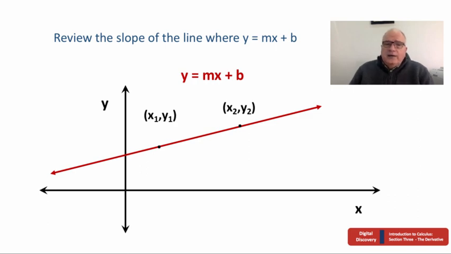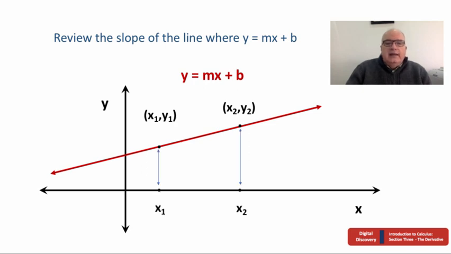Now, in order to develop our methodology, let's go back and work on the slope of a line, just a basic line going through any 2 given points. The line as a function of x is defined by y equals mx plus b, where b is the y-intercept, where it crosses the y-axis, and m is the slope.